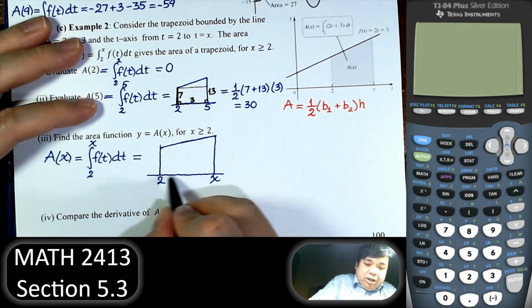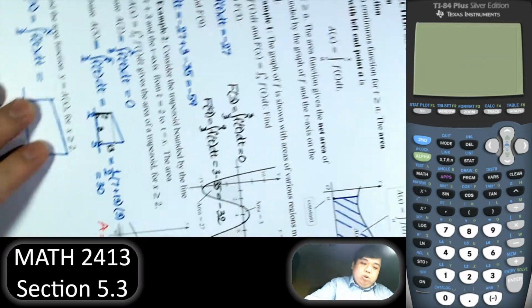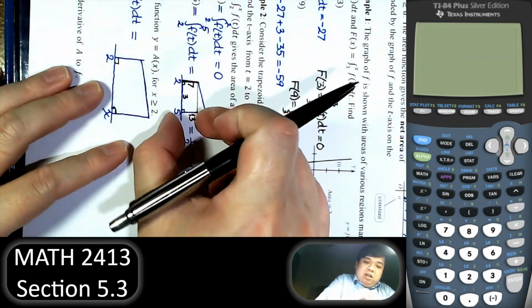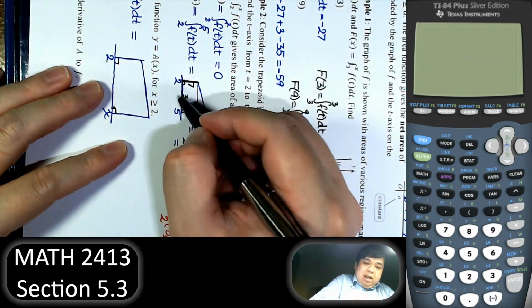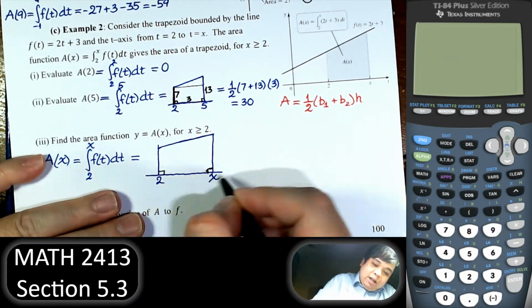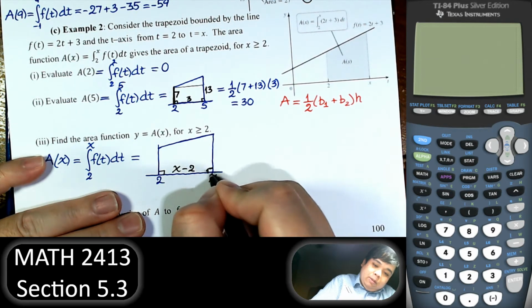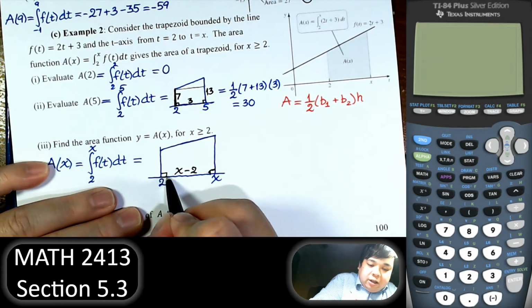The bases, the height. By the way, when talking about the height, we should turn it sideways. The bases and the height. In this case, the height would be x minus 2. I mean, this is the height.